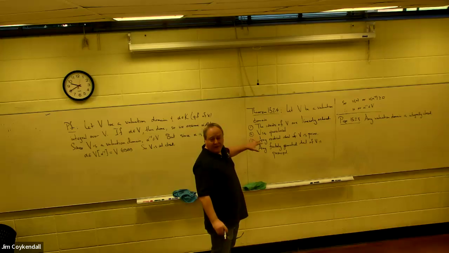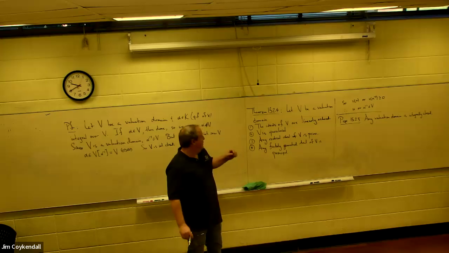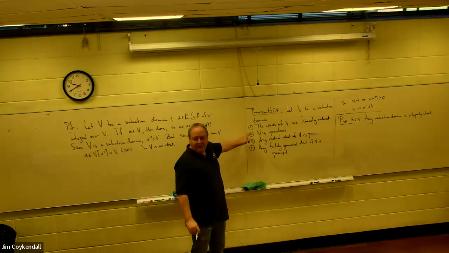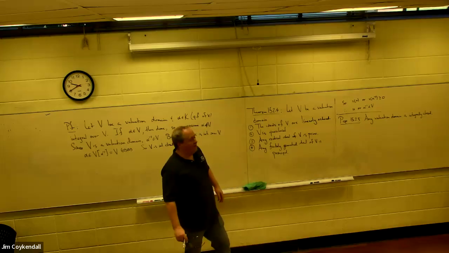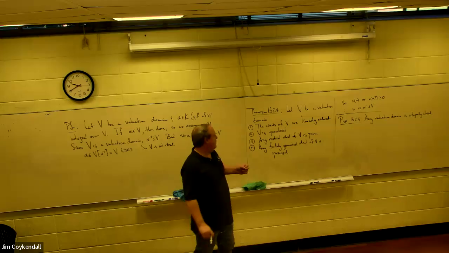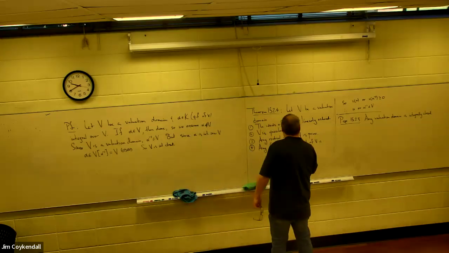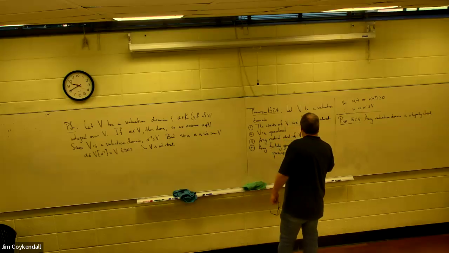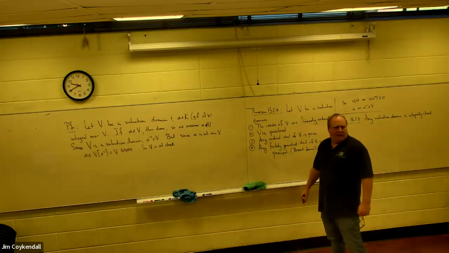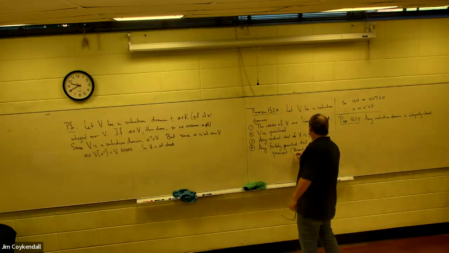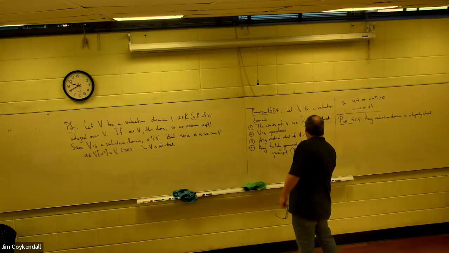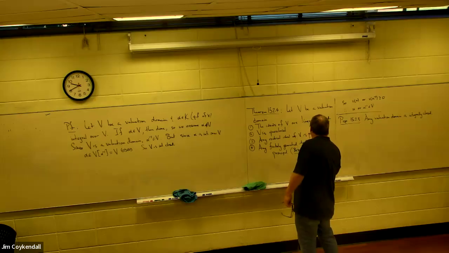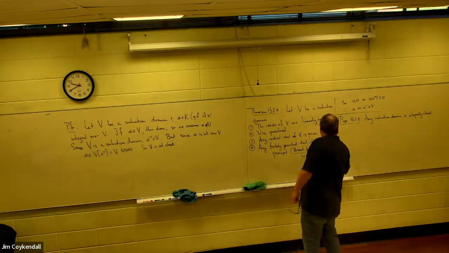Another way to think about it: V is a valuation domain if and only if it's got properties 2 and 4. That is to say, if it's a quasi-local Bezout domain. How many of you have ever heard Bezout domain? Anybody ever heard that terminology before? It means all finitely generated ideals are principal.